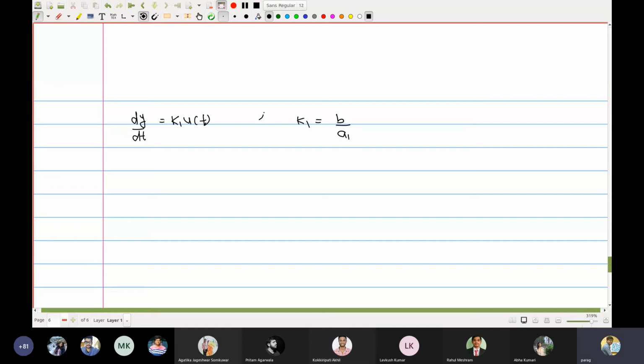So therefore, I can write this as s times y bar of s equals k1 times u bar of s, or in other words, my transfer function will look like k1 upon s. And such systems are called pure capacity systems.